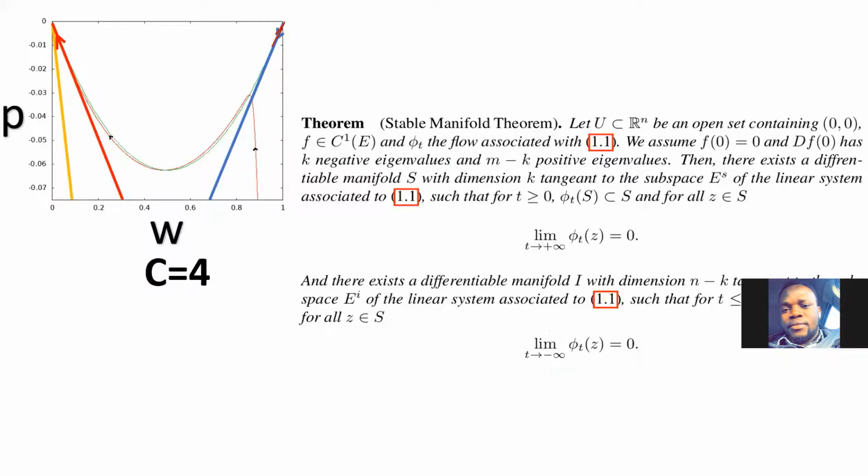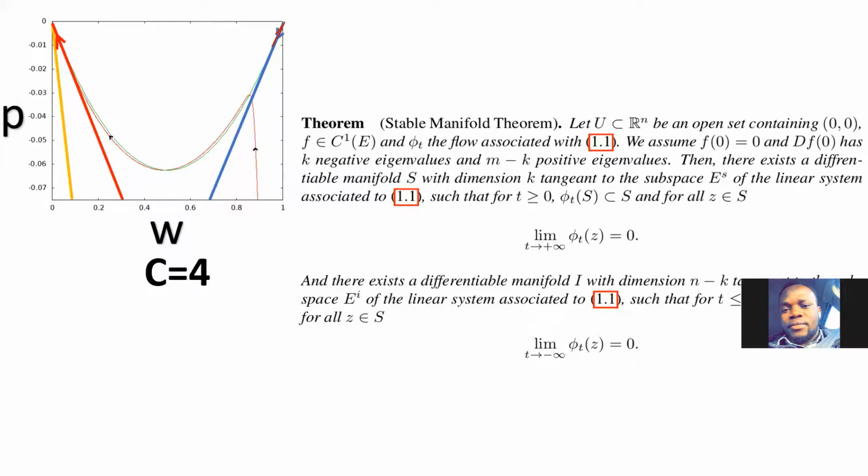And if you look here, you see there exists a differentiable manifold, I call it I, but with dimension n minus 4. So here it's 1 because I have a saddle node. I have one positive eigenvalue and one negative eigenvalue. So here it's a line which is tangent to the subspace. So here it's the eigenvector of the Jacobian.